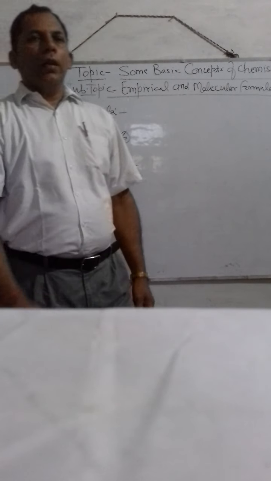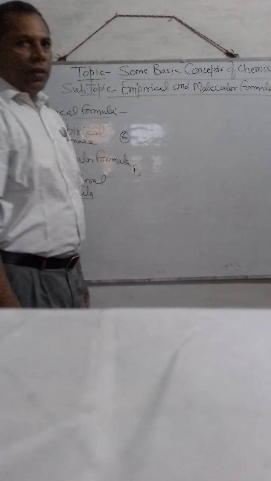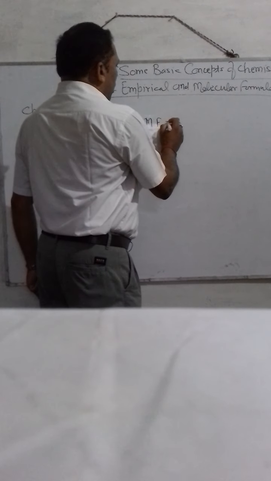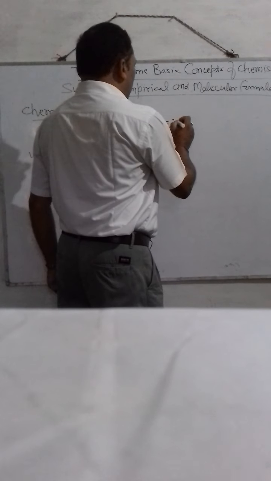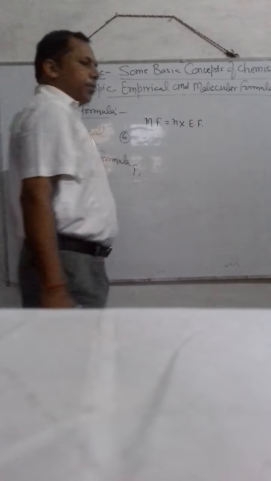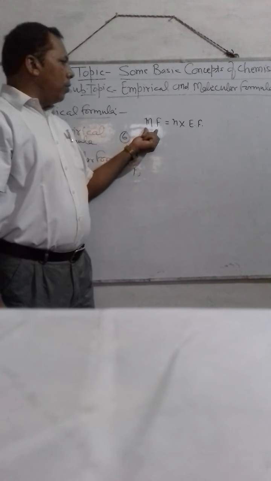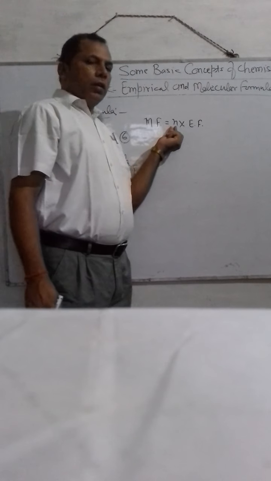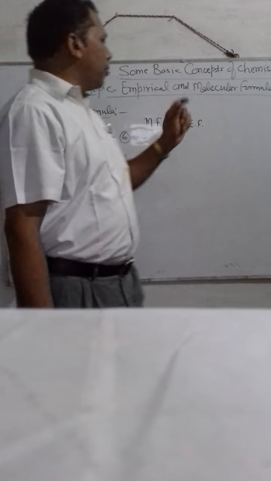The simplest relationship can be given as: molecular formula is n times the empirical formula, where MF means the molecular formula of the compound, EF means the empirical formula of the compound, and n is a positive number having values 1, 2, 3, 4 and so on.